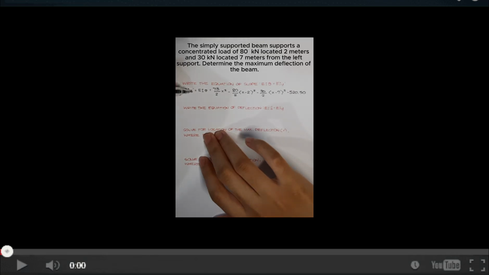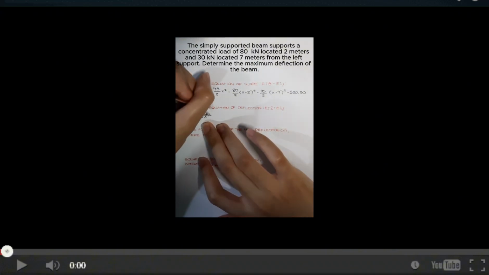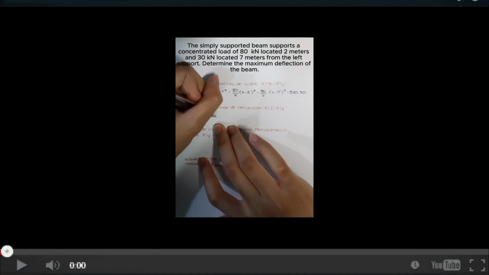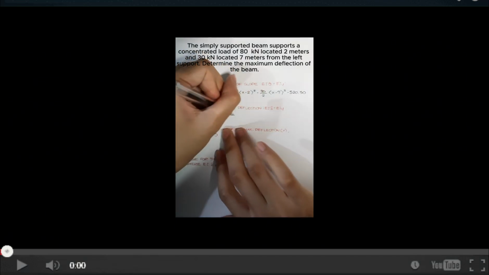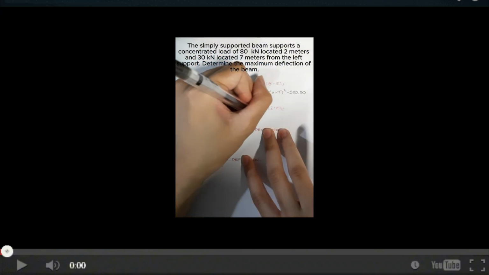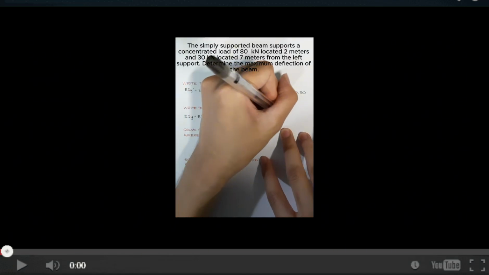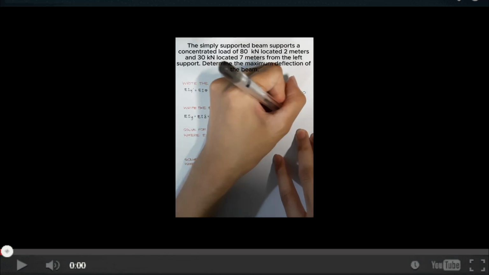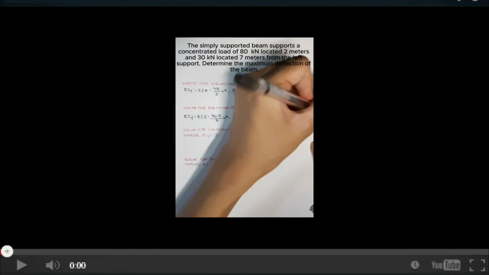Same format lang here sa equation of slope. 36.5 over 3 x cubed minus 40 over 3 (x minus 2) cubed minus 15 over 3 (x minus 7) cubed minus 520.50 x.